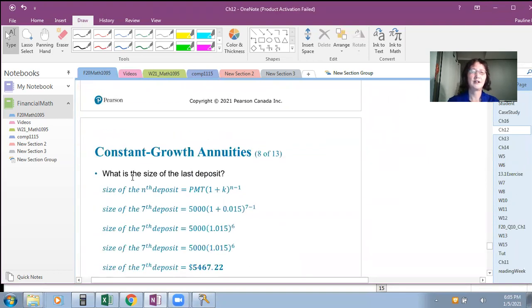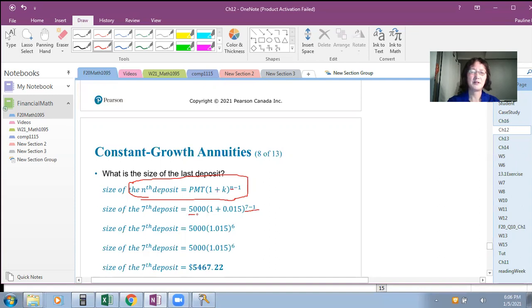So this is the first question. What is the size of the last deposit? Well, we actually use the formula for the nth deposit. When n equal to 7, you plug in 7 into here. This is n minus 1, so 7 minus 1.